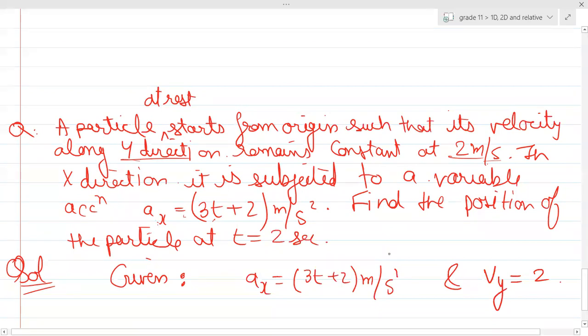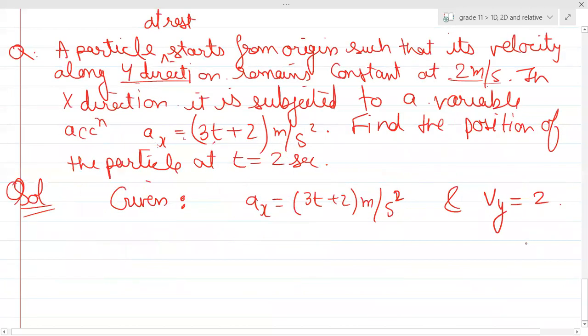Anyone? Can you see? You need to analyze the motion in two different ways, right? What do you need to find out? You need to find out the position. How do you get the position from velocity? It should be integrated.